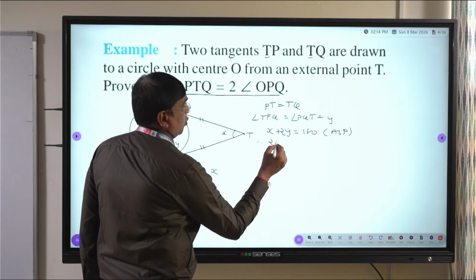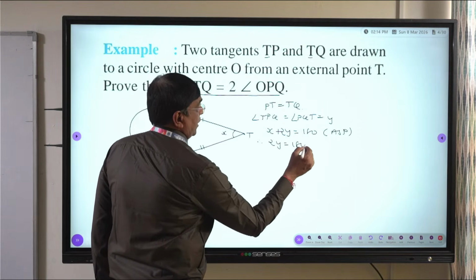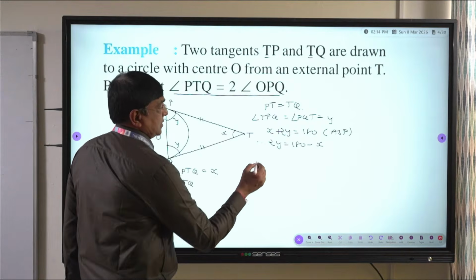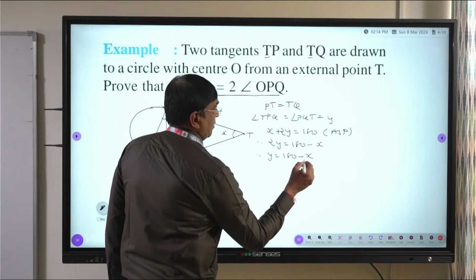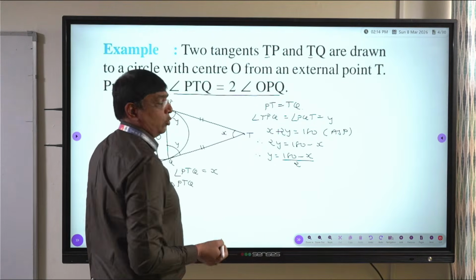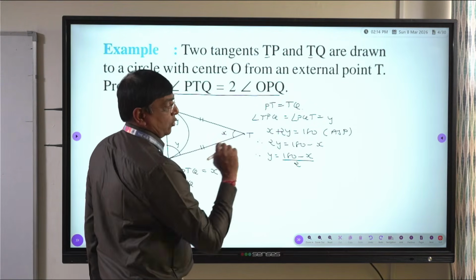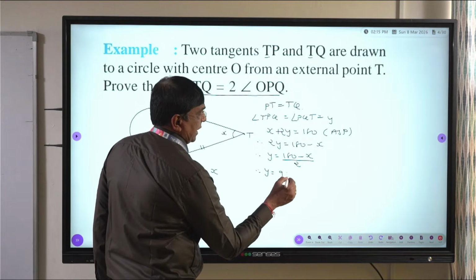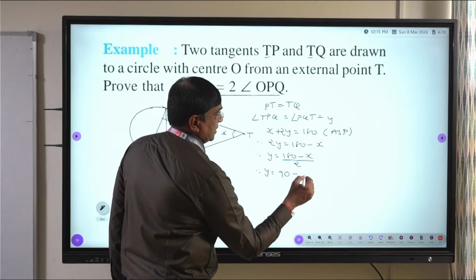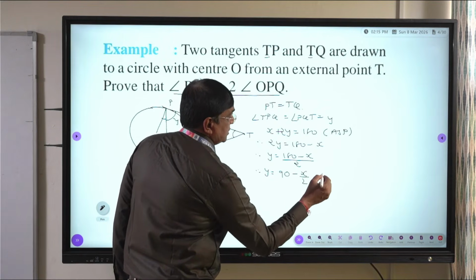Therefore 2y equals 180 minus x. So y equals 180 minus x upon 2. Separate the division by 2. Therefore y equals 180 by 2, we get 90 minus x upon 2. Say result 1.